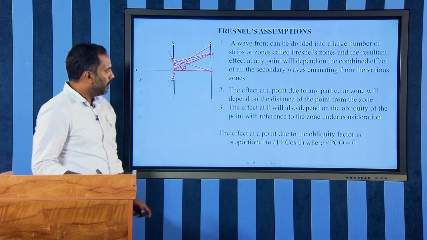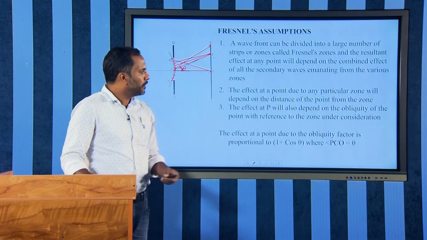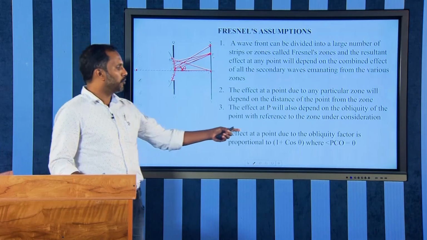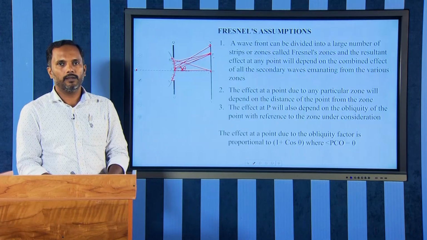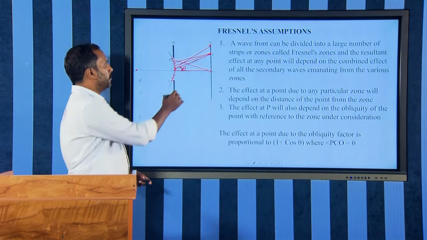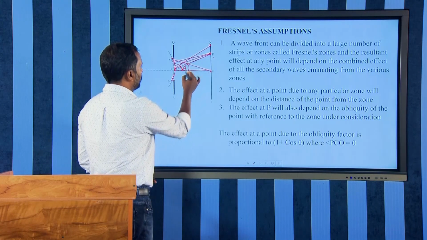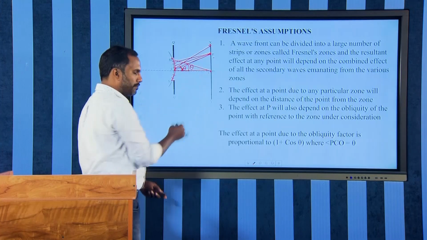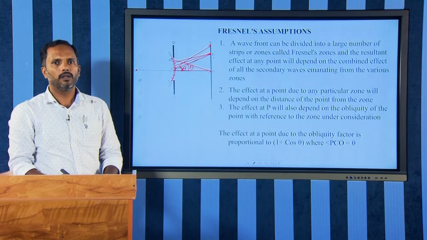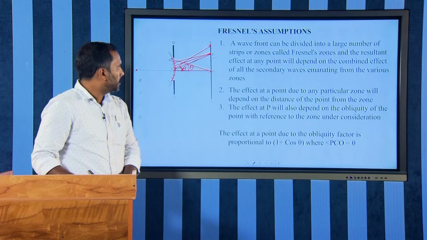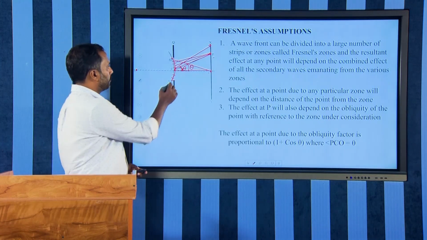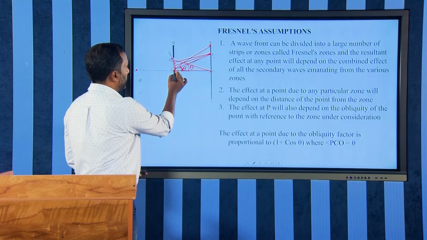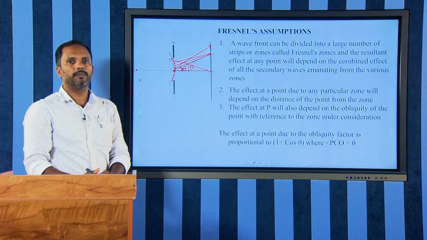Now, you can say the effect at any point due to the obliquity factor is proportional to 1 plus cos theta, where theta is the angle PCO. So, this is the angle we are considering, this is the angle theta. Now, let us consider an elementary wavefront at point C. So, this is the point C, we are considering the wavefront.